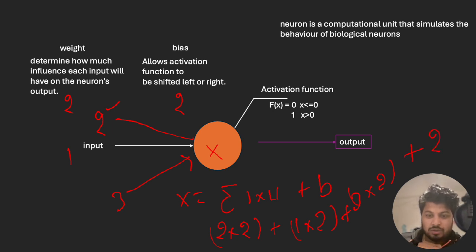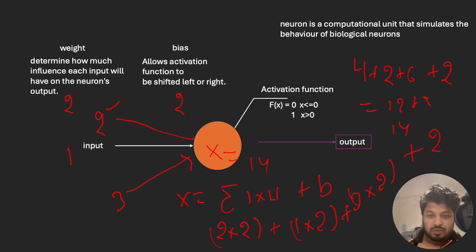So how much is this equal to? It's just a mess right now, so let me write it here. 2 into 2 is 4, 1 into 2 is 2, and 3 into 2 is 6, plus the bias here. So this is equal to 4 plus 2 plus 6 which is 12, plus 2, which is equal to 14. So here x is equal to 14.